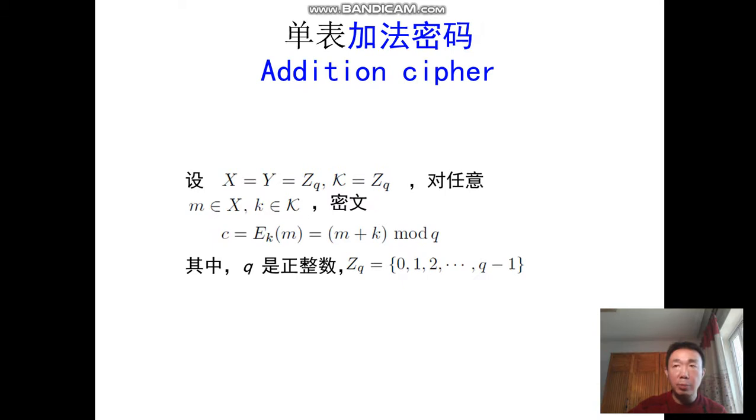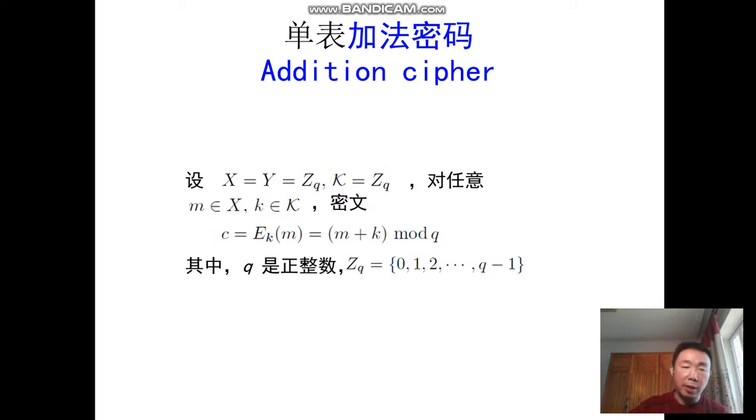In the English alphabetic table, there are 26 letters: A, B, C, till X, Y, Z. In fact, in our processing, the English letters will be treated as numbers. Letter A corresponds to 0, letter B corresponds to 1, letter C corresponds to 2, and so on.